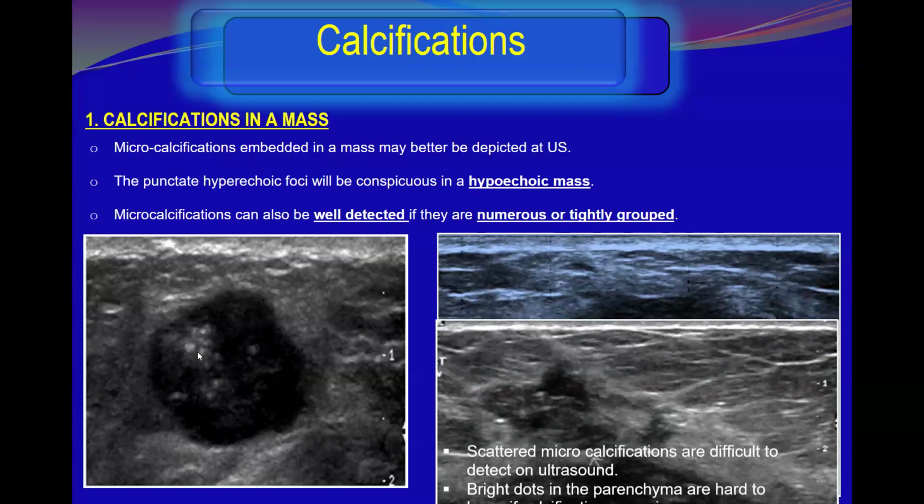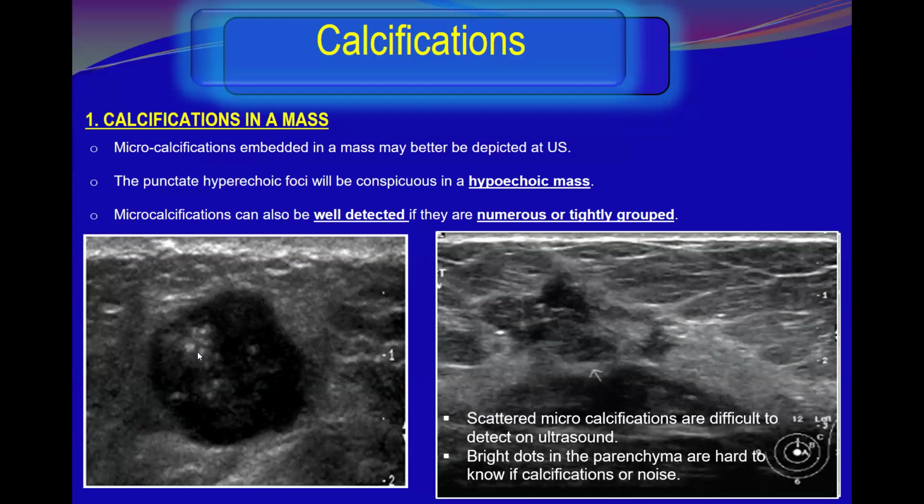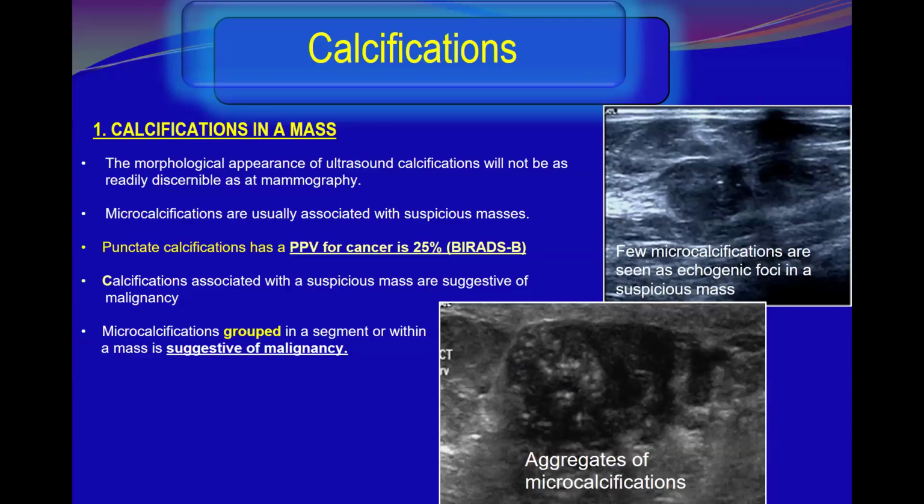However, when they are scattered within the lesion, it will be difficult to appreciate them, and it might be hard to differentiate them from speckles or an artifact within the parenchyma. Can you see these scattered foci within this mass? It is hard to tell if these also represent calcification or noise. Still, we are talking about calcification in a mass.